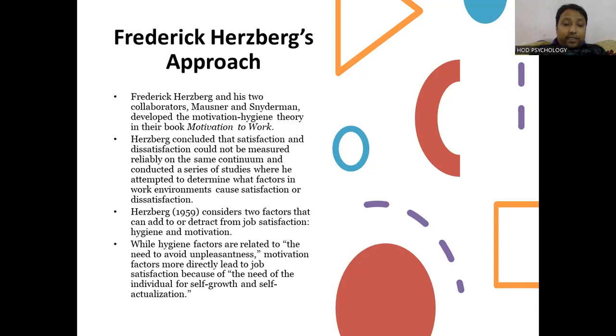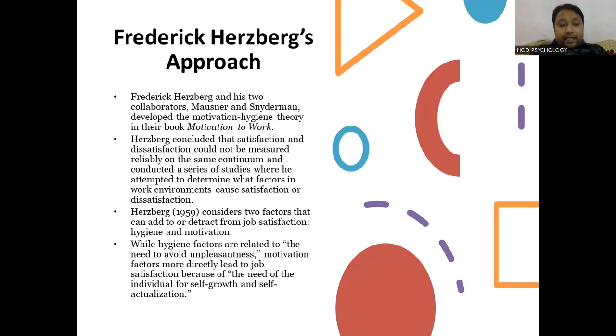Herzberg concluded that satisfaction and dissatisfaction could not be measured reliably on the same continuum, and conducted a series of studies where he attempted to determine what factors in work environments cause satisfaction and what factors in work environments cause dissatisfaction.